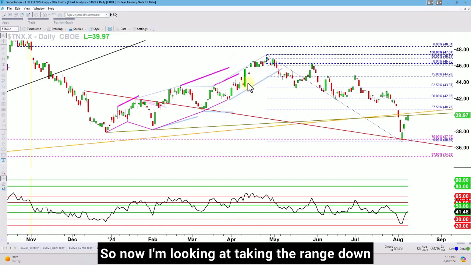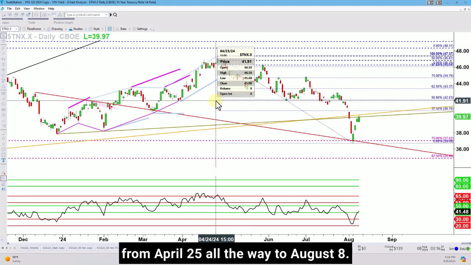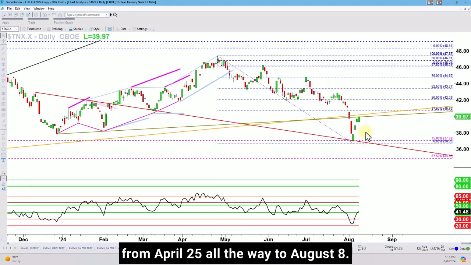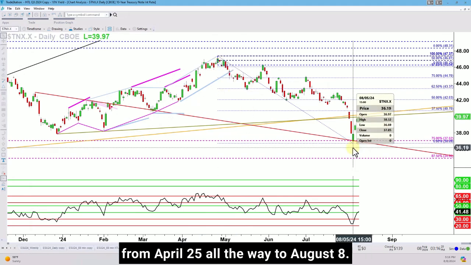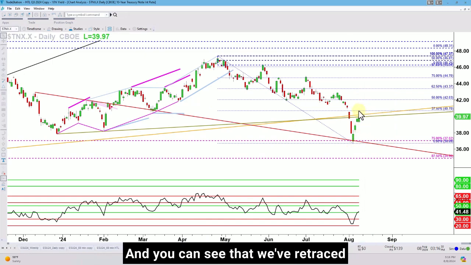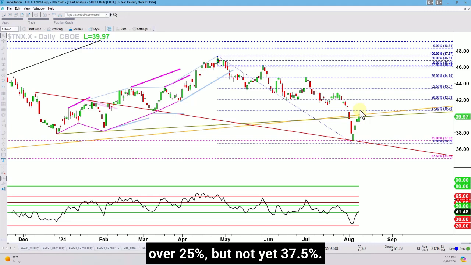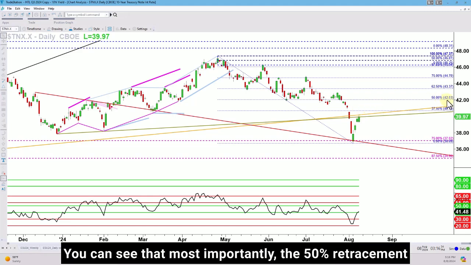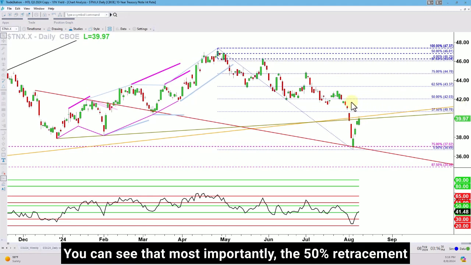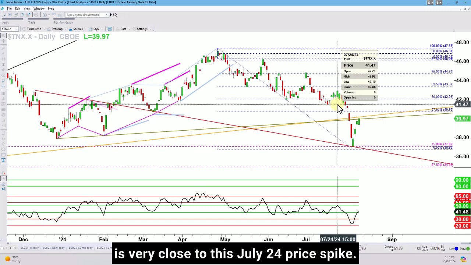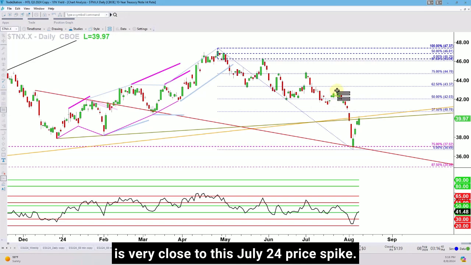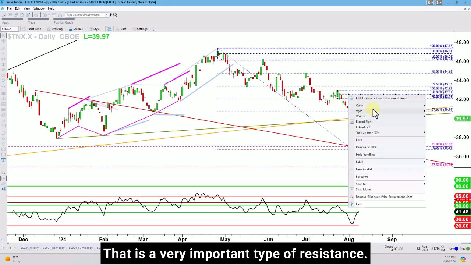So now I'm taking the range down from April 25th all the way to August 8th, and you can see that we've retraced over 25%, but not yet 37.5%. Most importantly, the 50% retracement is very close to this July 24th price spike. That is a very important type of resistance.